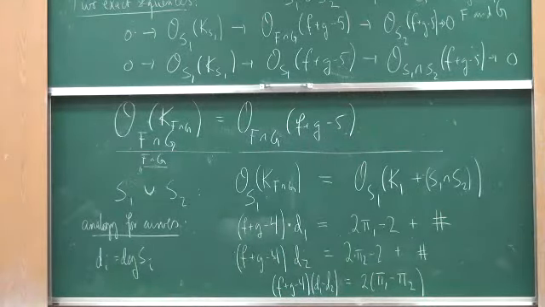So let S1 be the Veronese surface. S1 is the Veronese surface in P4. And now I take F and G, general cubics, in the ideal that contain S1.